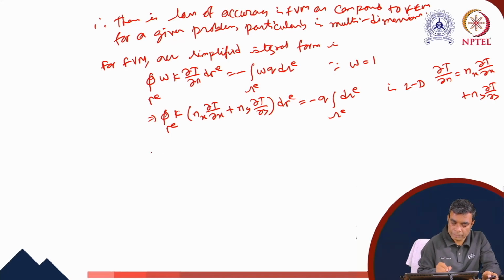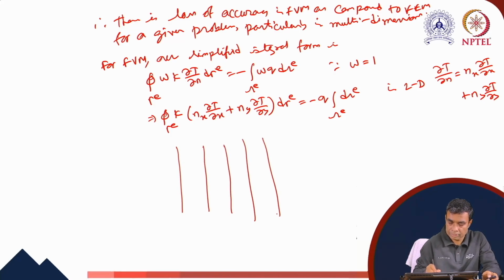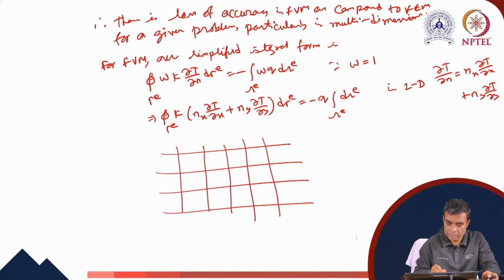Now we can consider some cells for our finite volume analysis. So this is delta x, this is delta y, this is our cell of interest.